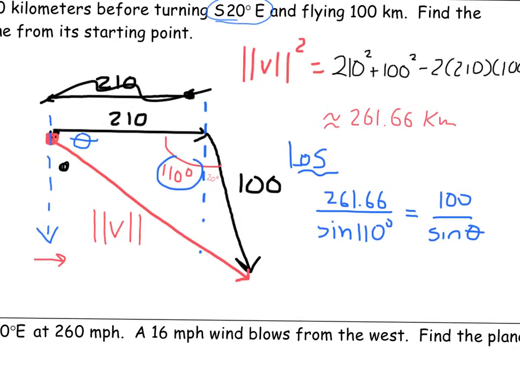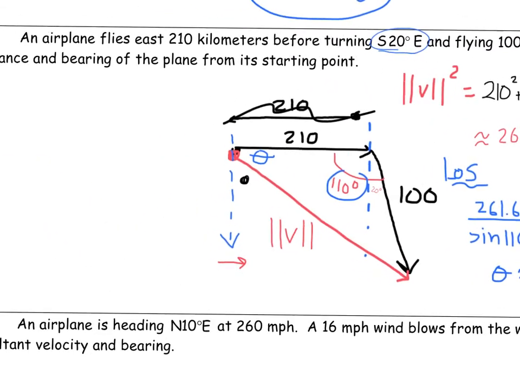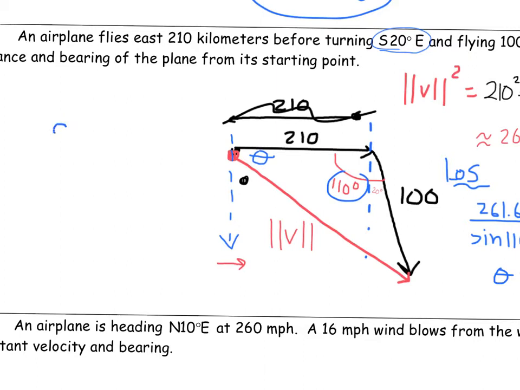To get approximately, theta is approximately 68.95 degrees. And when we complement that, our final answer now, since we complement that, is going to be south 21 degrees east. That's my bearing.